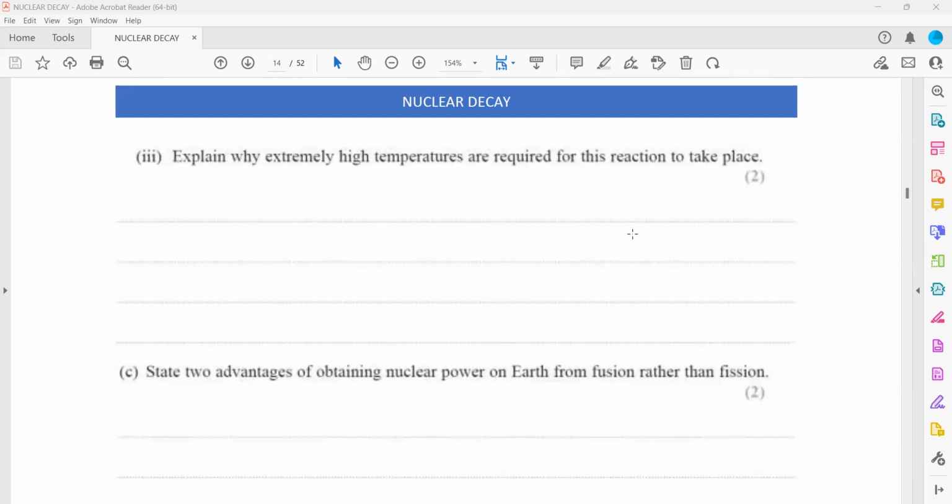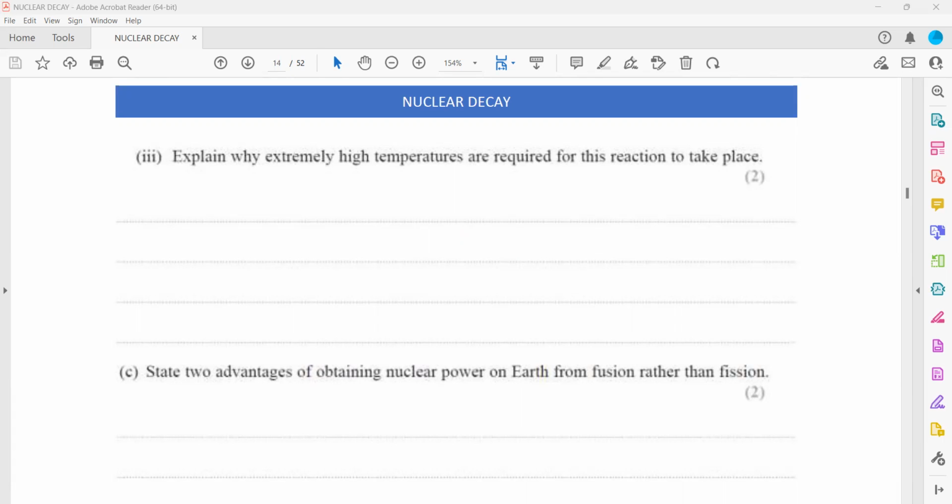Explain why extremely high temperatures are required. Previously this question had 4 marks, in which we had to mention why sustainable fusion is difficult. Here, why extremely high temperature is required, especially for nuclear fusion.